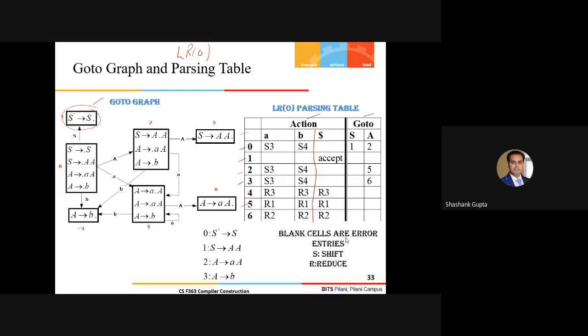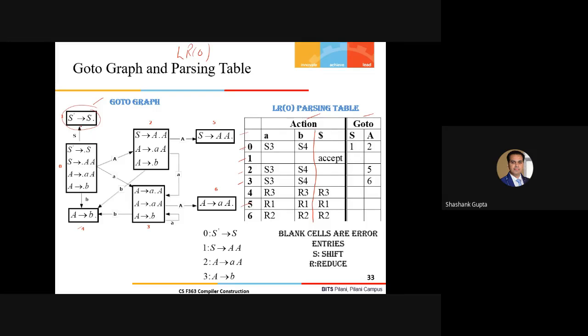Similarly, this is for the goto part. Again, with respect to state 0, with respect to, let's say, S, this non-terminal symbol, I am moving to state 1. Fine. So this time I did not perform a shift operation. 0 on S, let me move to state 1 here.